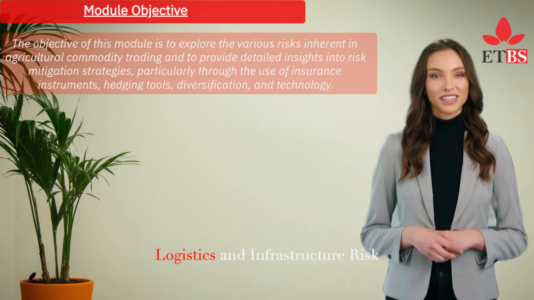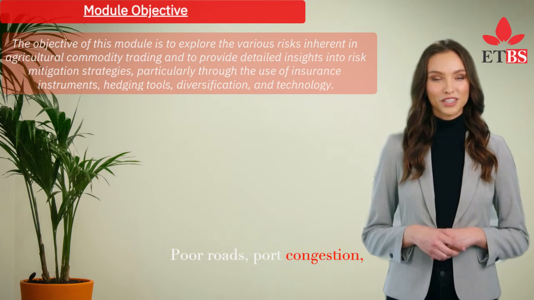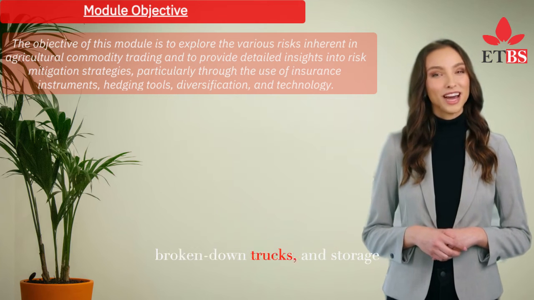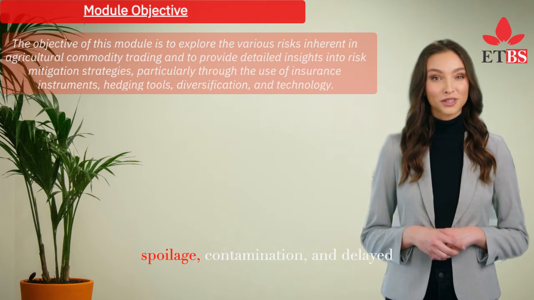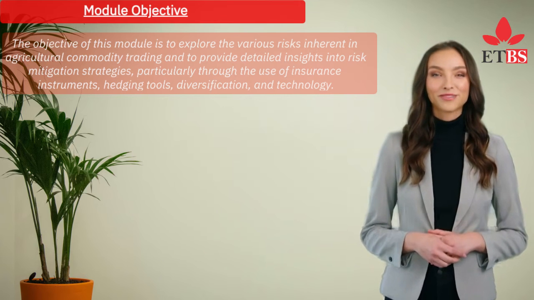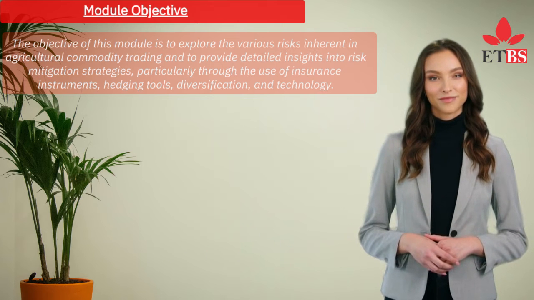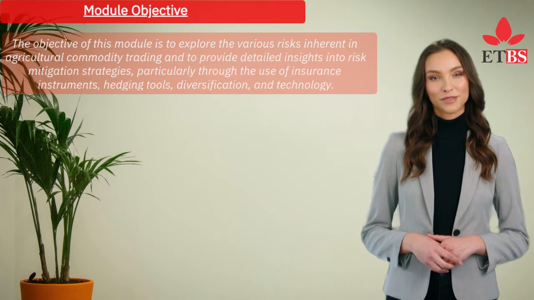3. Logistics and infrastructure risk. A. Poor roads, port congestion, broken-down trucks, and storage failures can lead to spoilage, contamination, and delayed shipments. B. Time-sensitive goods like vegetables and dairy are most affected. 4. Financial risk.